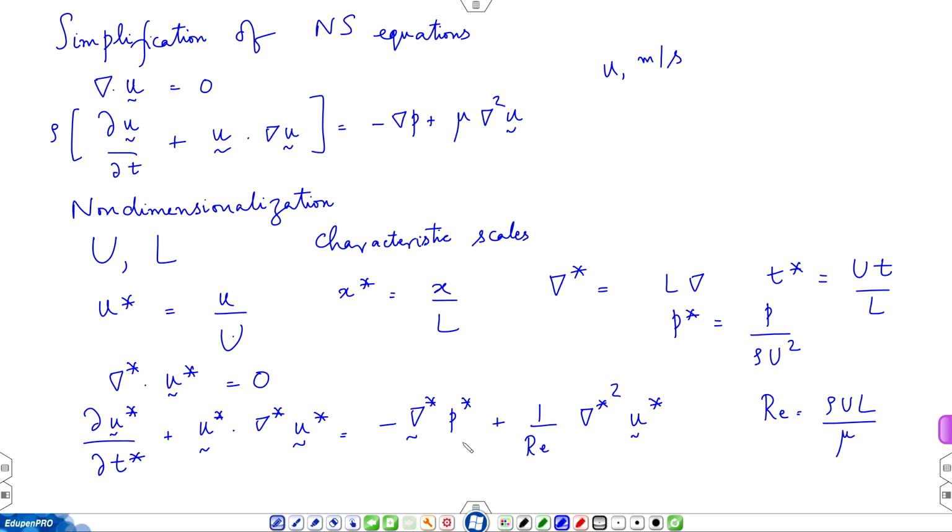This rho, mu, all of them accumulate here, giving rise to a Reynolds number, which is rho u L over mu. Okay. So, if you look at one step ahead of what I have written, this Re will appear to be rho u square over L divided by mu u over L square.